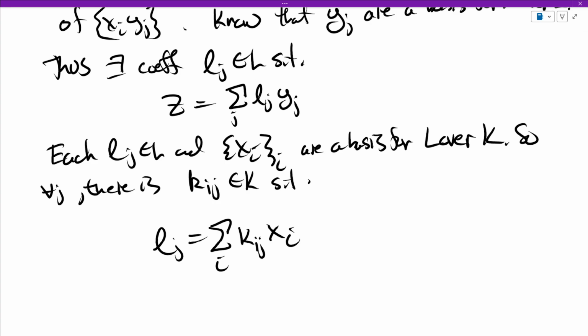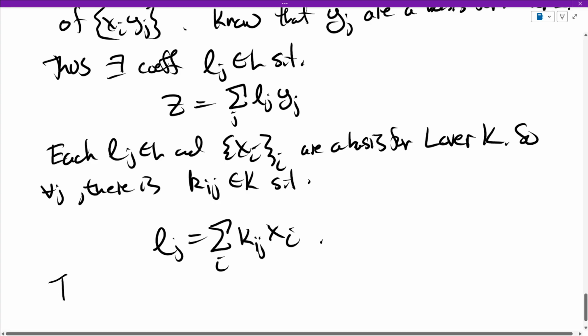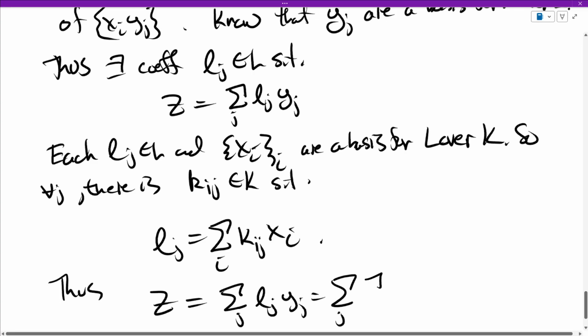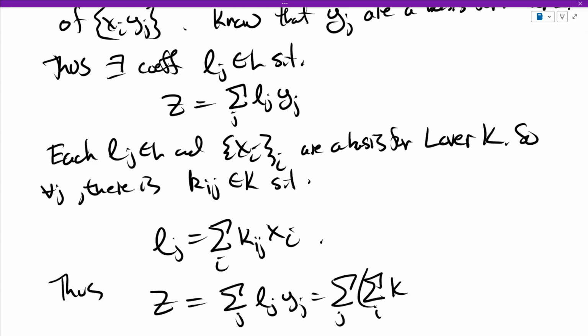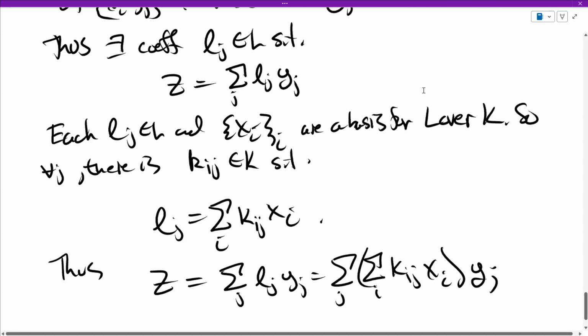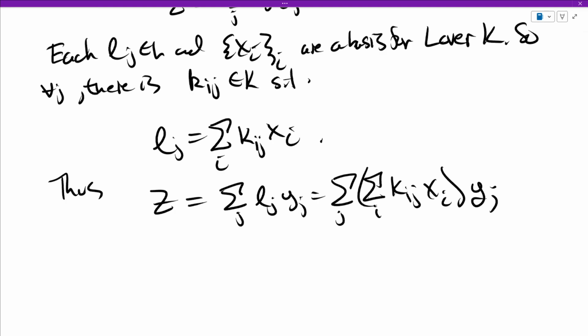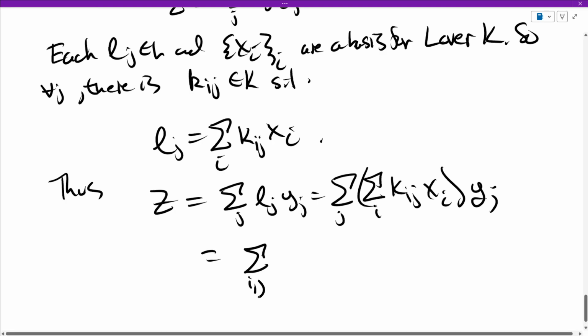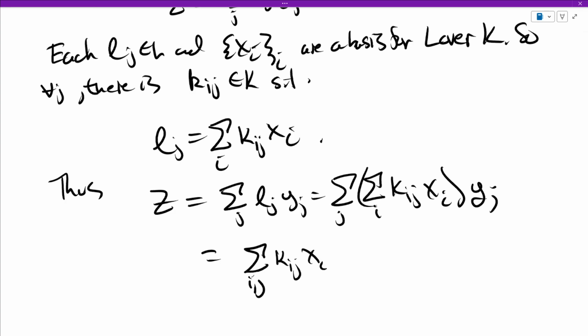Each one of our coefficients is in L, and we use the fact that L is a K vector space to write them in terms of the x's. Thus, z, which is the sum over j of l_j y_j, is then the sum over j, sum over i, k_ij x_i, just substituting that in. But like before, it doesn't matter the order in which we add, all our sums are finite. We can do that. So any z in M is a linear combination of our proposed basis.